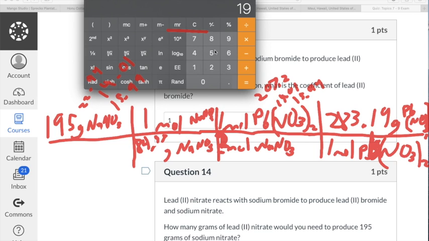So 195, I'm going to multiply that by, in parentheses, 1 divided by 84.98. I'll just go ahead and get equals there. And then I will multiply that by, in parentheses again, this is 1 over 2, that's 0.5. And then multiply all that by 283.19.